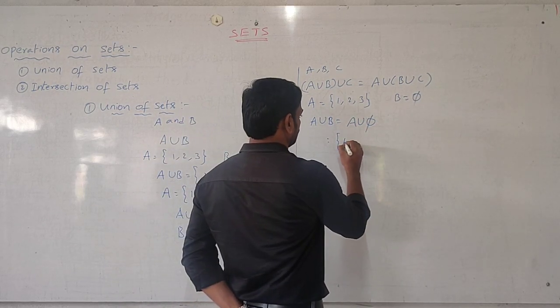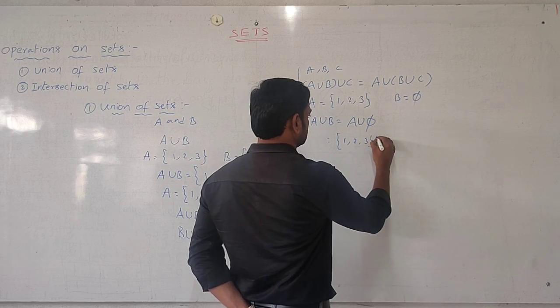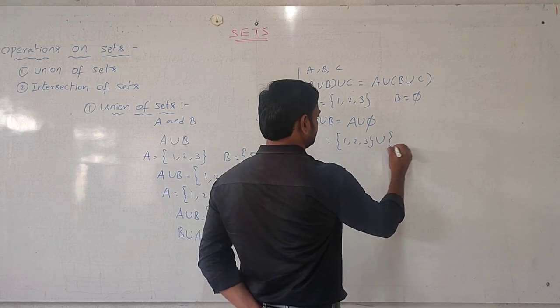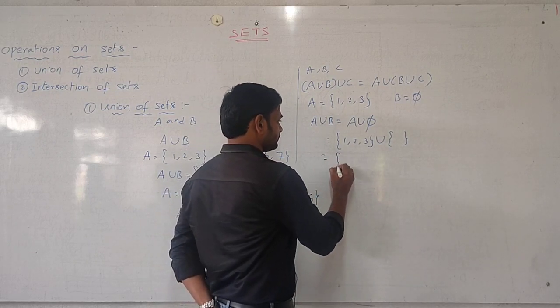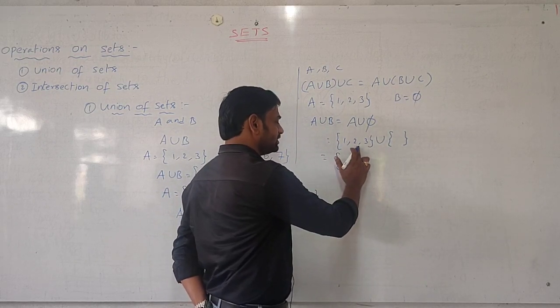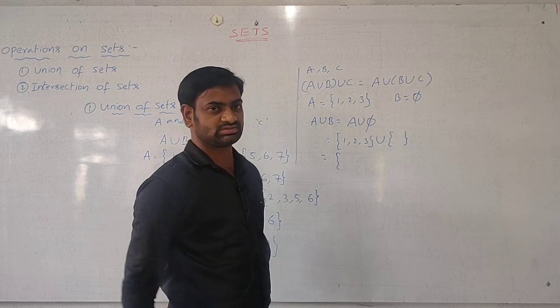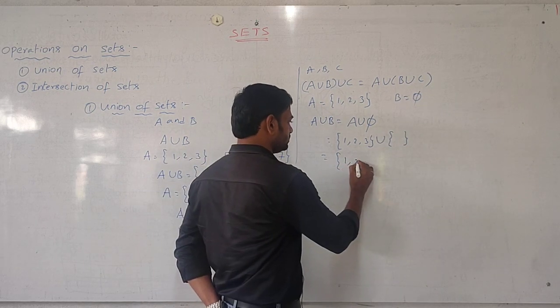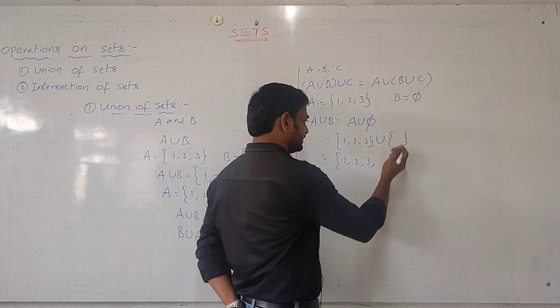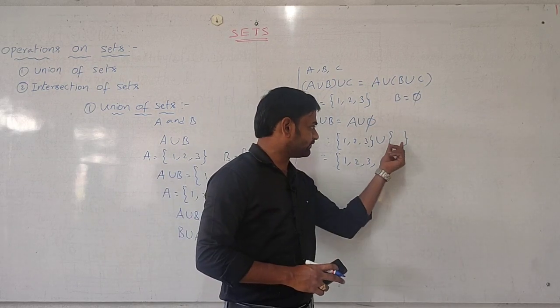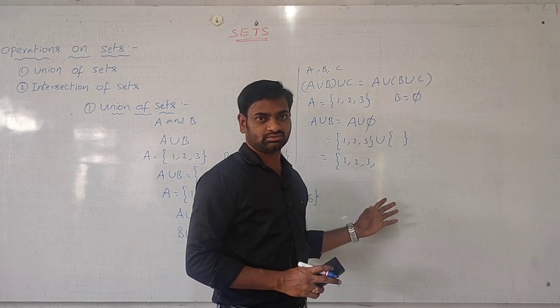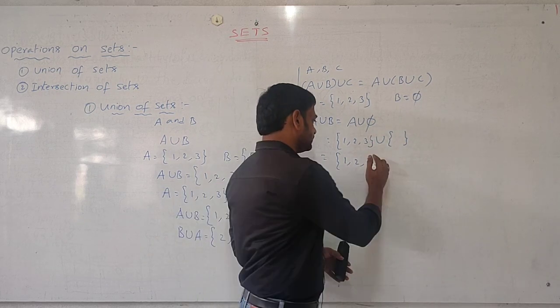A is {1, 2, 3} union phi, and phi means empty set. Now take the elements of A as well as the elements of phi. A elements are 1, 2, 3, and if there are any elements in phi, write them down. There are no elements, so I am not writing.